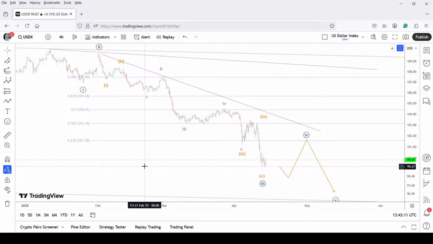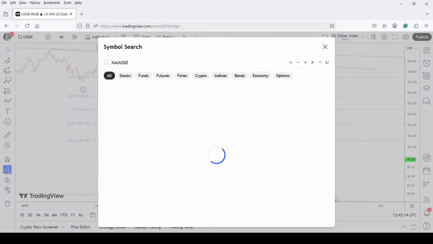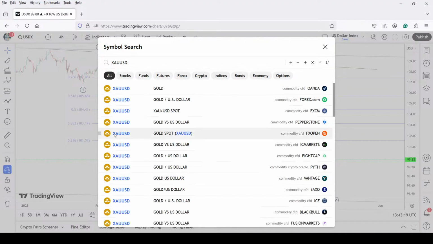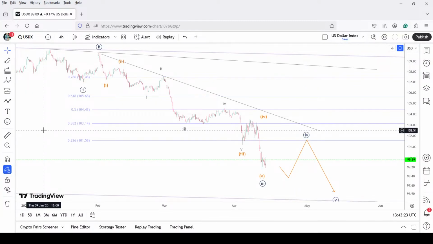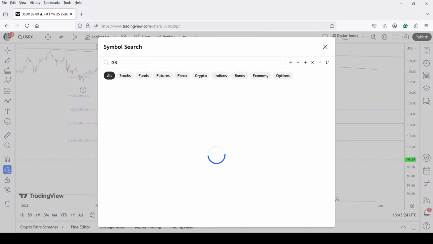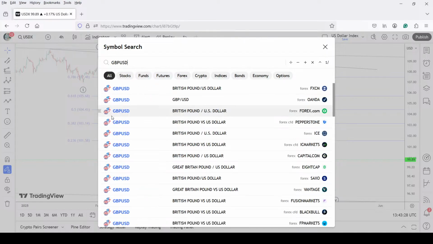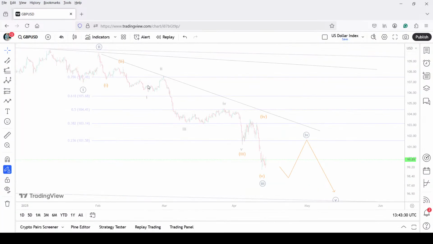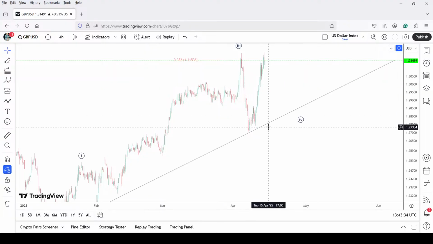Pound, we have already requested to book profits, so let's skip pound for now. But before going to gold, I think it's a good idea to at least find out the next potential entry in pound, like what we have done in the euro and the dollar index.